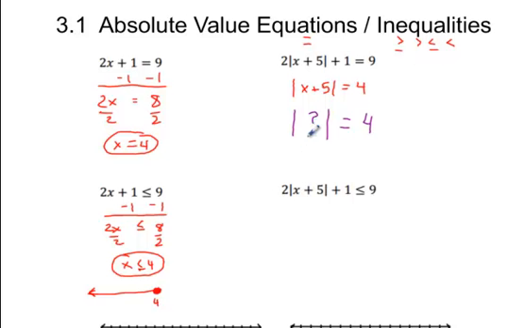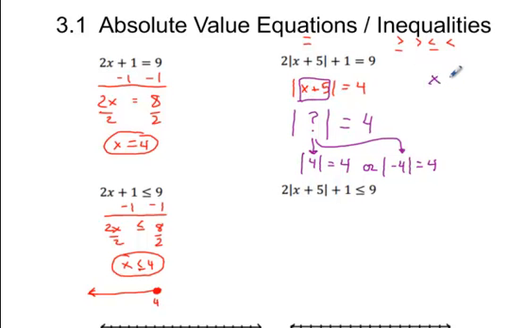So this thing that comes out will always be 4, but what could it have been before it came out? Well, the absolute value of 4 is 4, which means that question mark could have been a 4, or the absolute value of negative 4 also could have been a 4. So you have to realize that this question mark could have been 4 or negative 4. And that thing that was the question mark was the x plus 5.